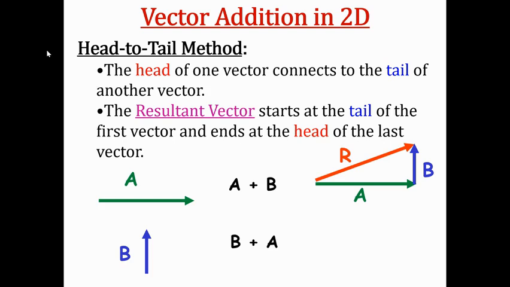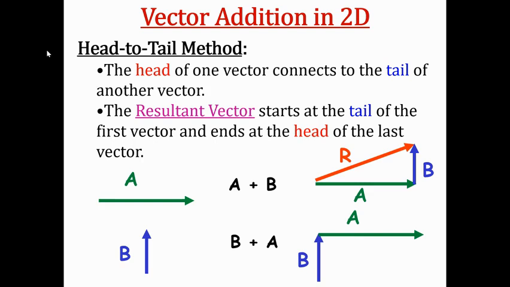Let's give this a quick thought experiment. What if, instead of adding A plus B, I added together B plus A? Would I still get the same resultant? Let's try it. This time I'm going to add together B plus A using that head-to-tail method. So this time I started by drawing vector B, so the tail of vector B is my origin.